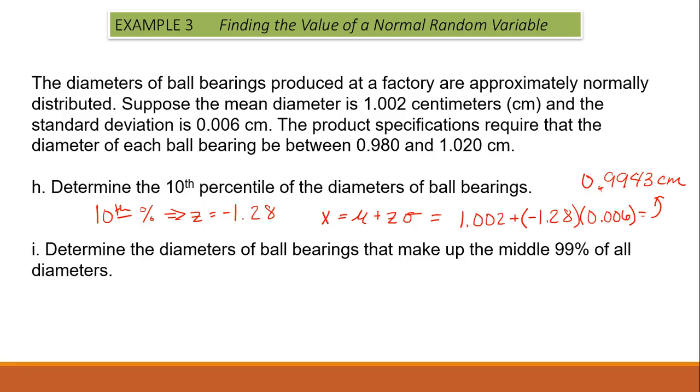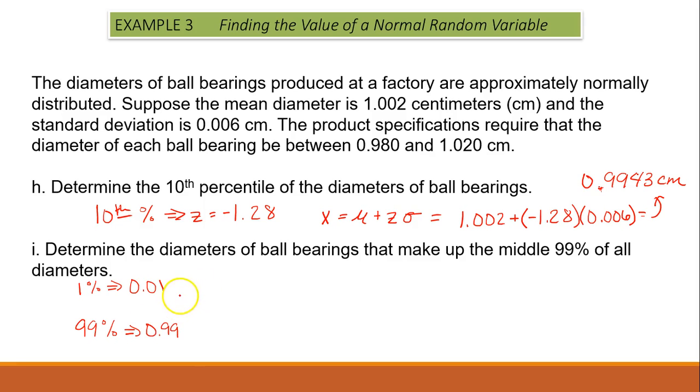That means we are looking for the bottom 1% and the top 99%, and this will turn into the areas under the curve that we have to find, which are 0.01 and 0.99.